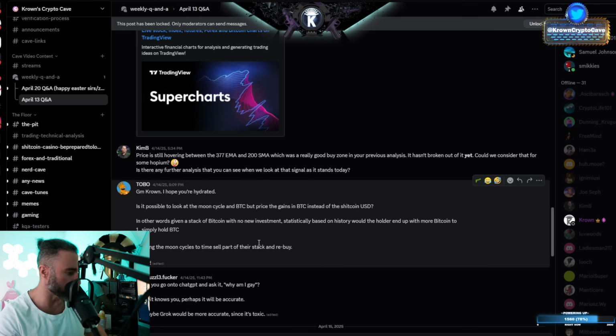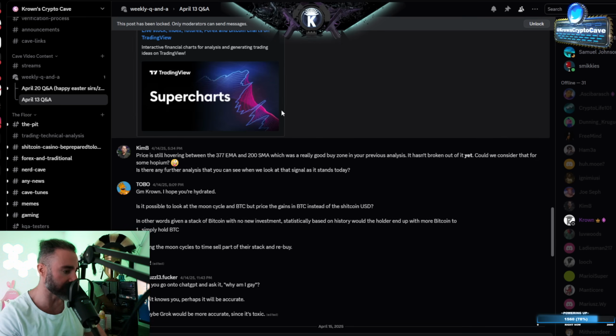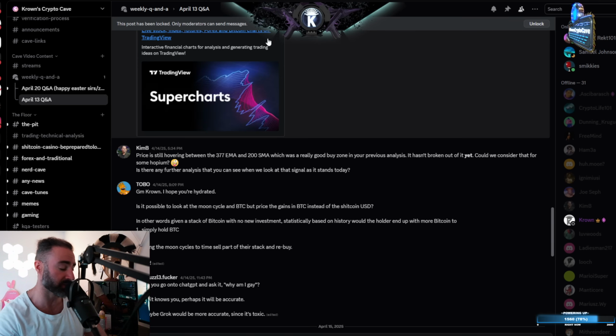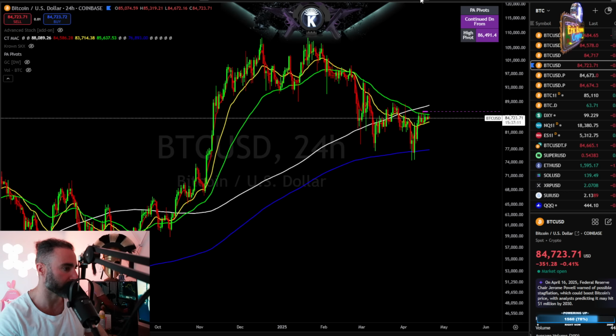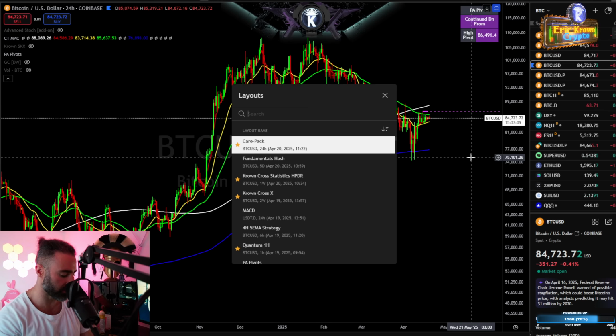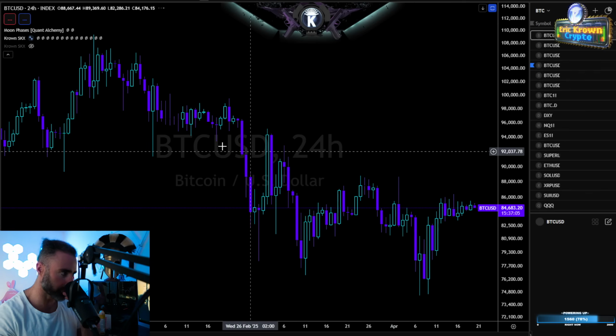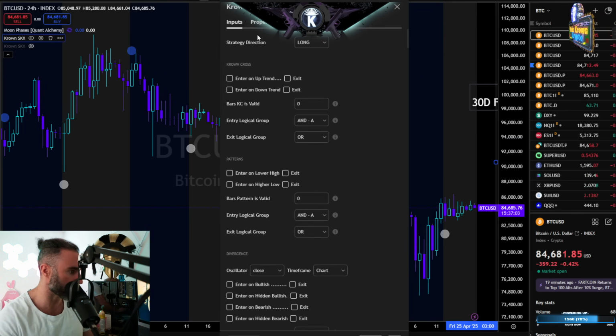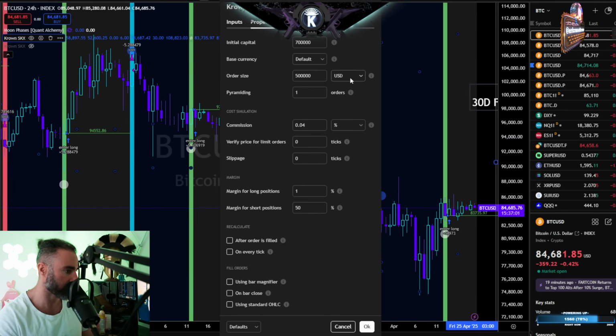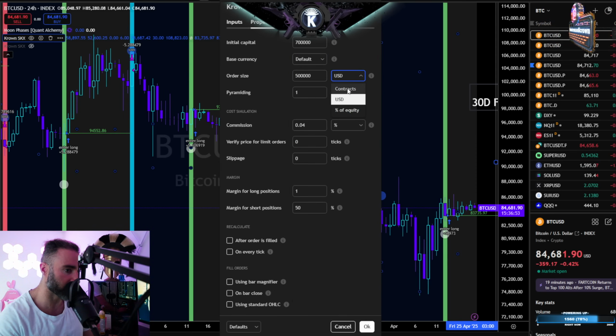Is it possible to look at the moon cycle in Bitcoin, but price the gains in Bitcoin instead of shitcoin? Yeah, actually, yes, there is. You can do that with the Quant Prime here. Okay, let me think about this. Let's go to properties. Can we use Bitcoin? It usually gives us the option to use Bitcoin.